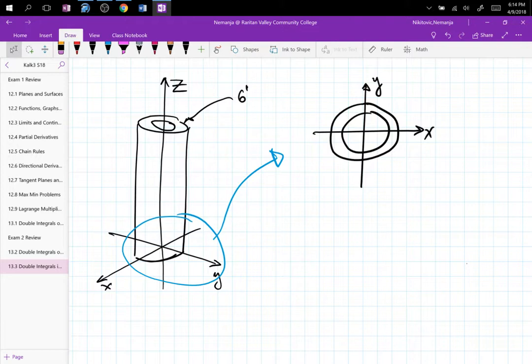Now I know when I look at the dimensions, because I can measure it, I'm going to measure 2 inches out. So that's 2 and 2.5. So 0.5 thickness on this pipe. So this is your domain.